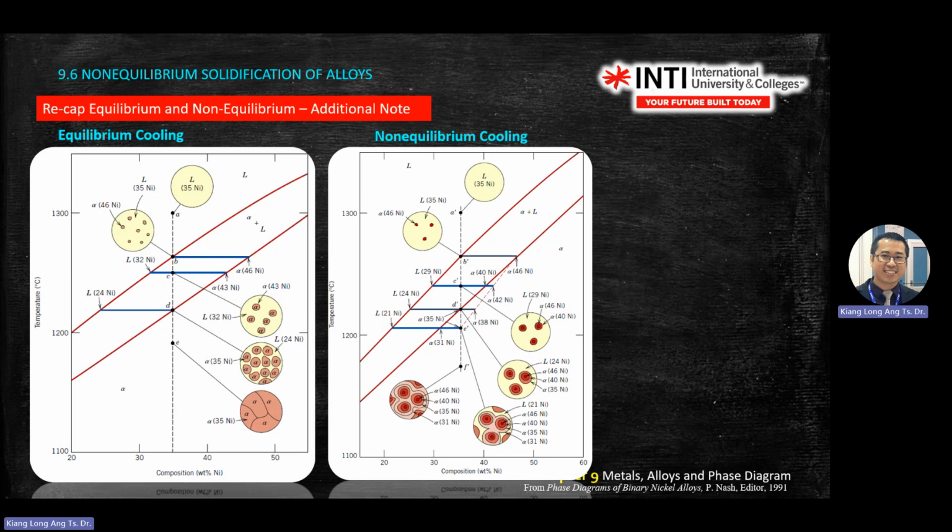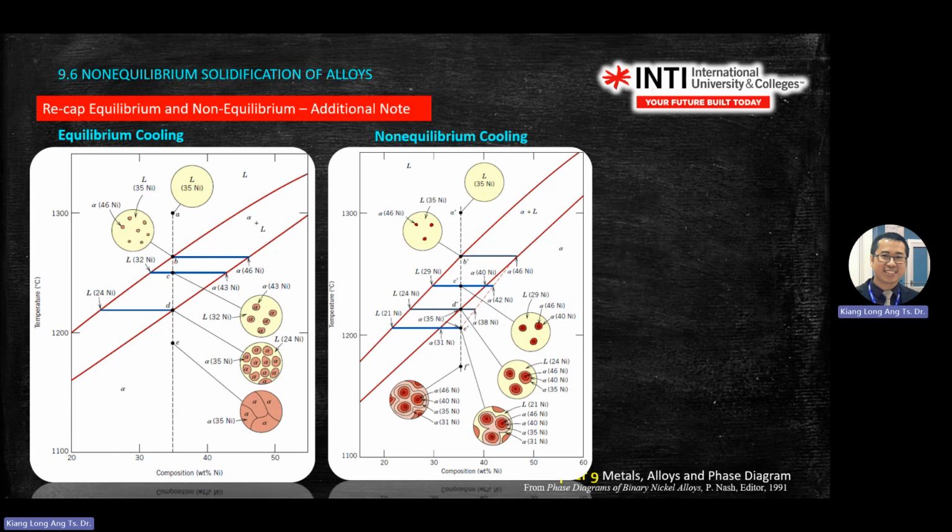But here you see there's an extended line. The extended line means there's more liquid component, more liquid percentage, because if you take the lever rule analysis, there's more liquid. So here the liquid will be 22%. This one I already explained. Then you drop to the E point. At the E point you have liquid 21%. Then 40, 46, 35. The outside one will be 35 if you refer to this point. 35%.